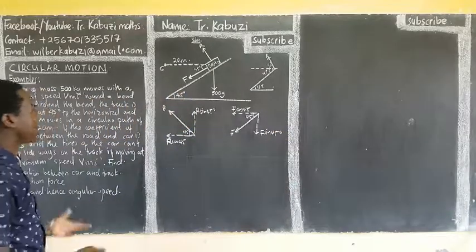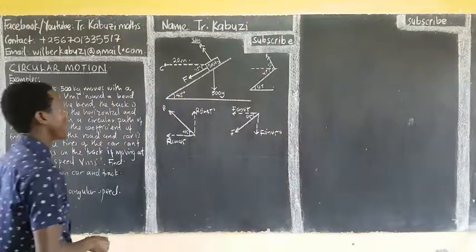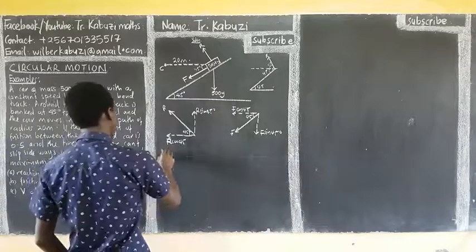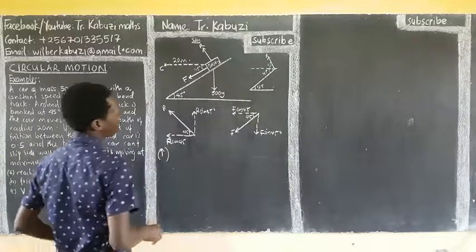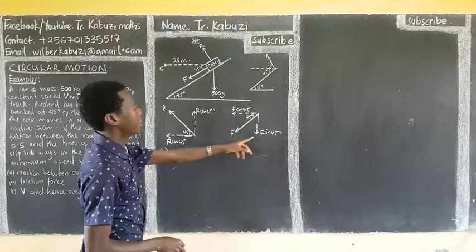After doing that, it is very easy. Start by resolving vertically upwards. If we resolve vertically upwards, we have this, and this is opposite.